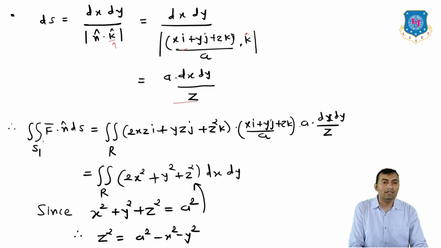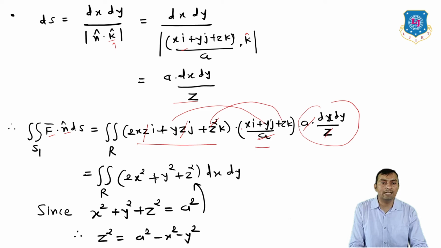Therefore the double integration over the surface S1 of f bar dot n cap ds. We have f bar, n cap also we have, and ds is also we have. So a gets cancelled out, z is also going to be cancelled out. You can notice from here. So you have 2x into x, that is 2x square, plus y into y, this is y square, plus 1z into z, that is z square, dx dy.